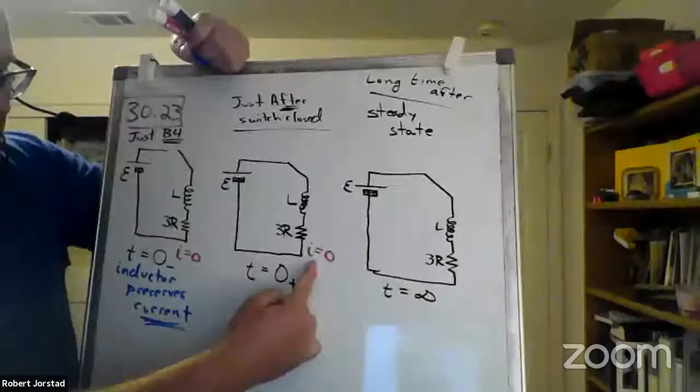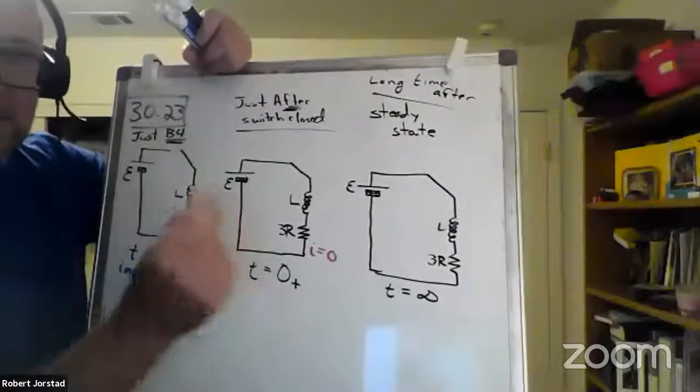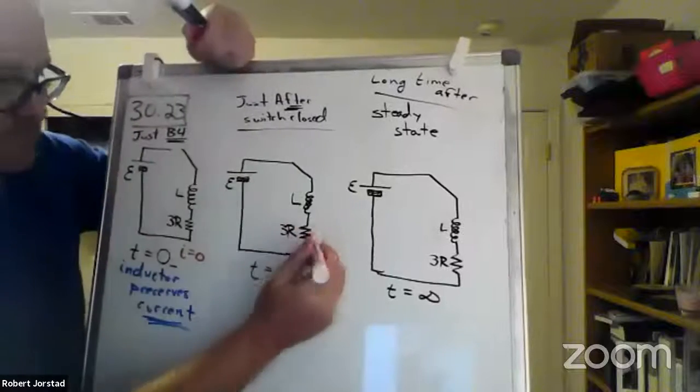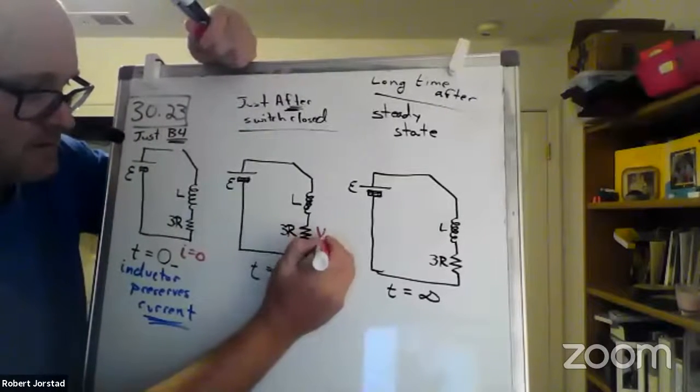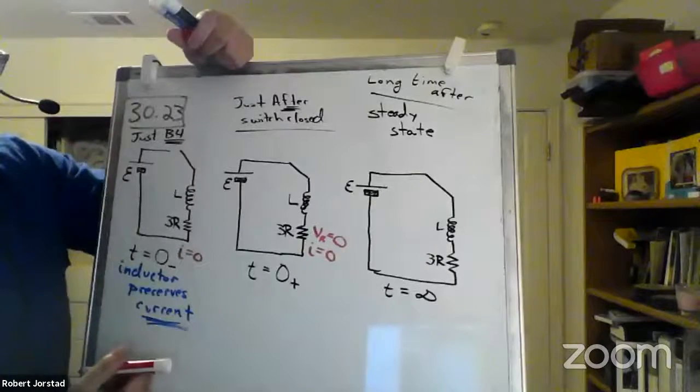The current is still 0. Yes, so what else does that tell us? Voltage is 0 across the resistor. Yes. If current is 0, I want you to immediately be thinking, okay, voltage across resistors is 0. All right. So what does that tell us?